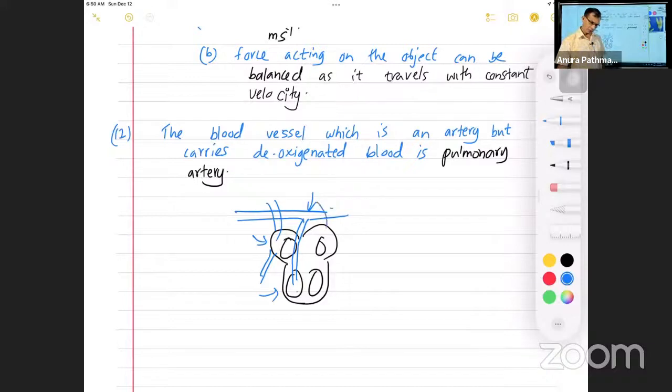The blood vessels which carry oxygenated blood from the lungs to the heart are pulmonary veins. Normally, veins carry deoxygenated blood into the heart, but the vessel coming from the lungs carries oxygenated blood to the heart. So we call it the pulmonary vein.